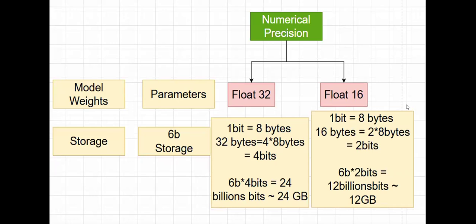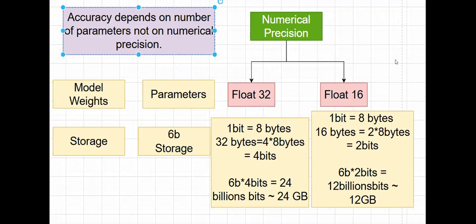The reason behind this is that we are representing each parameter here in 32 bits, whereas here we are representing each parameter in 16 bits. But for both, the accuracy will be the same.